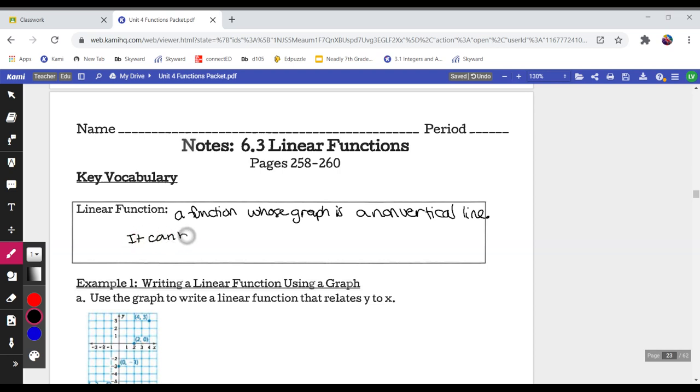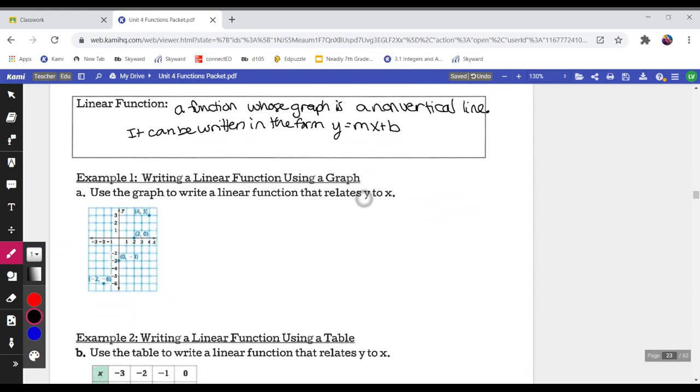It can be written in the form y equals mx plus b. That's your slope-intercept form, where m is your slope and b is your y-intercept.